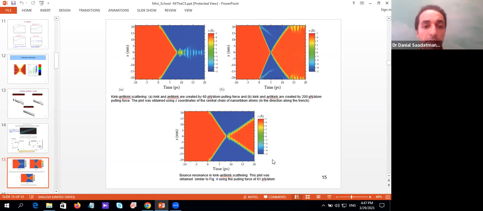In figure A, they have a bound state, and in figure B, they collide with each other in the graphene and they escape to infinity. But in the bottom figure, if we increase the force of the atoms up to 61 pico-newton per atom, we can create two bonds resonance here.